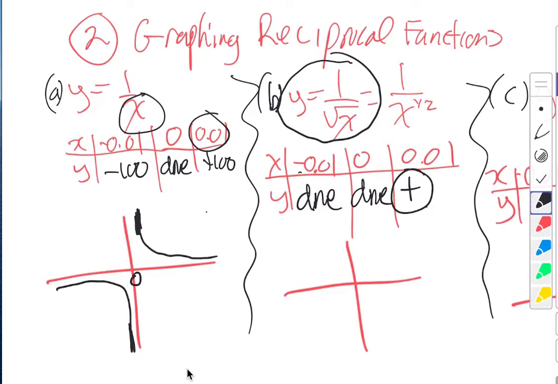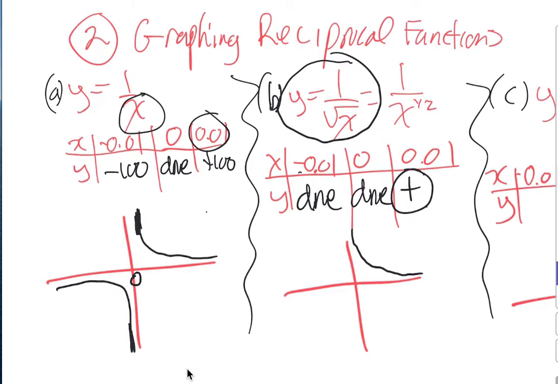And what would happen if x got really, really big, like a million or a billion? 1 divided by the square root of a billion is going to be pretty close to 0. So here's what this graph looks like. Notice it looks almost exactly the same as 1 over x, except it only exists to the right of the y-axis, because you can't have negatives under a root sign. Let's go to an even funkier one.